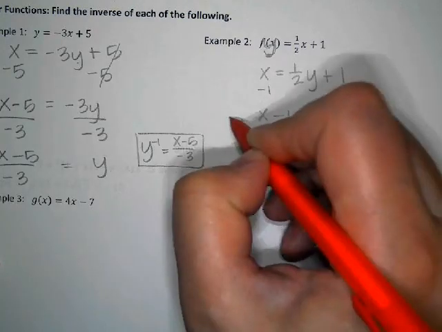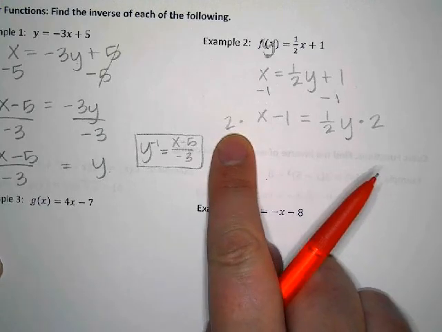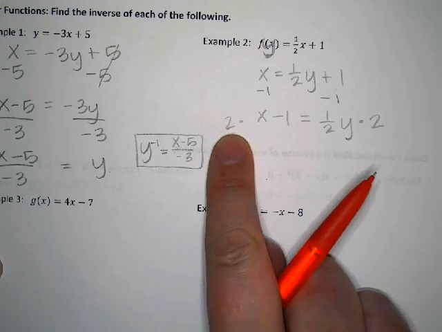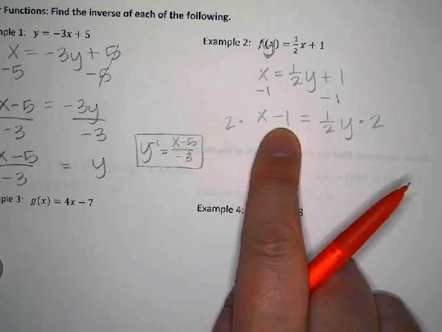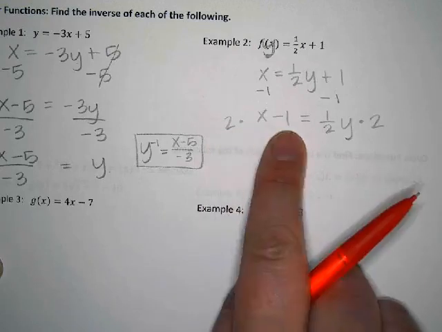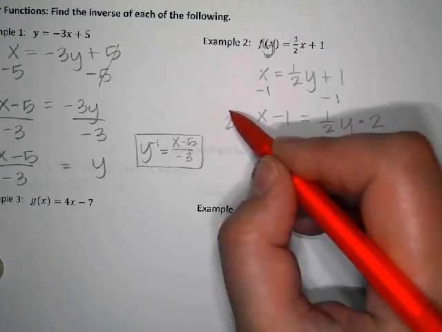When we multiply by 2, we have to be careful to make sure that the 2 gets multiplied by the entire thing. So 2 has to multiply by everything.